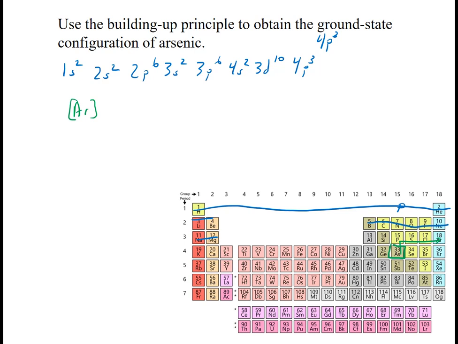Argon is 3p, so I start out at 4s2, 3d10, 4p3. So this is the long way, and this is the short way. The nice thing about the noble gas method with the periodic table is that as long as I count down 1 through 7, knowing 18, 19 starts at 4s, after argon I write the 4s2.